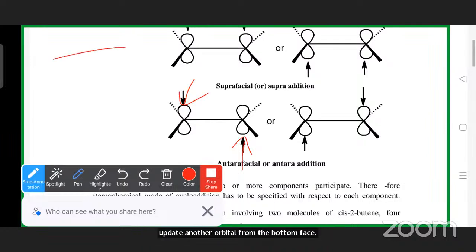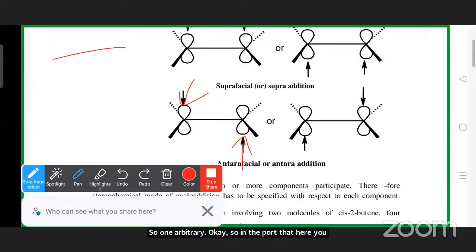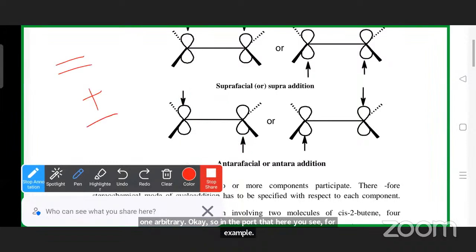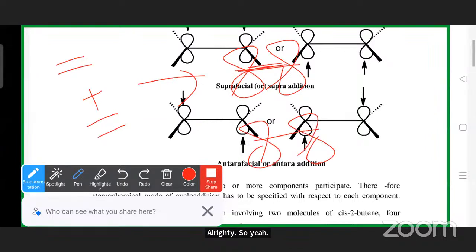So in this partner, you see, for example, here diene and olefin is going to add. So in the suprafacial addition, these two.